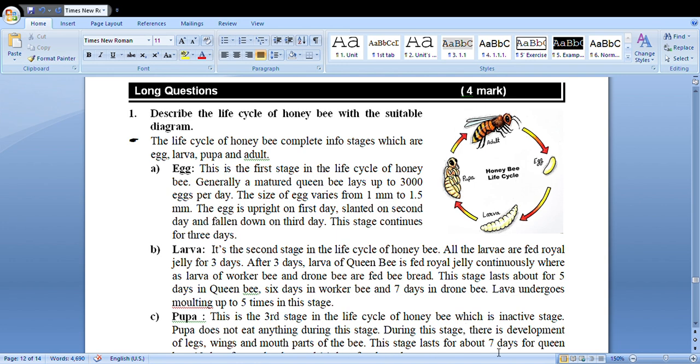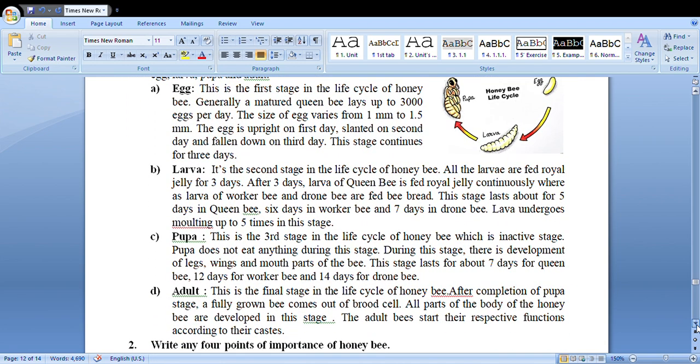This stage lasts for about 7 days for queen bee. 7 or 7.5 days, almost. We can keep 7.5 days for queen bee and 12 days for worker bee and 14 days for drone bee.